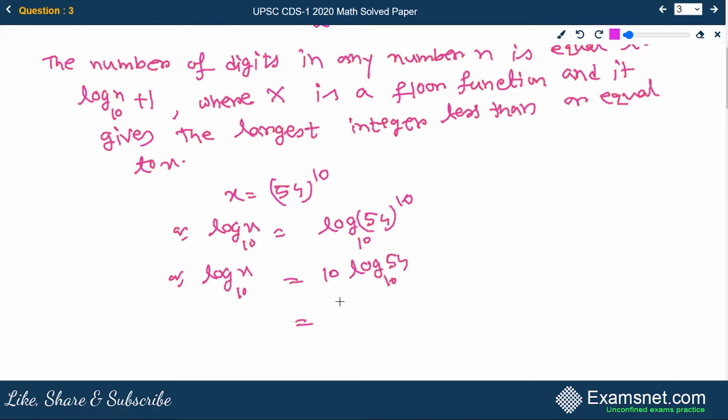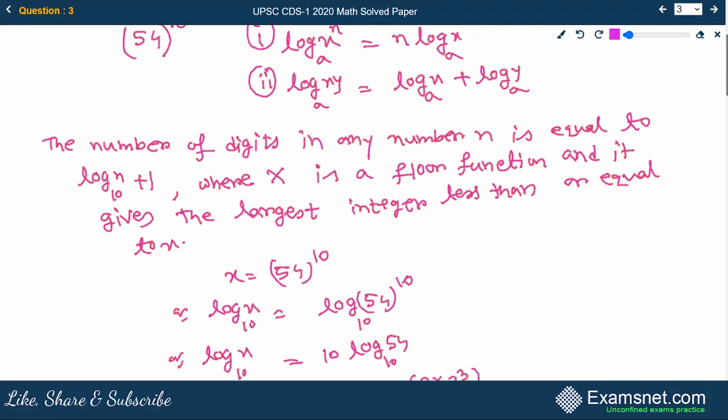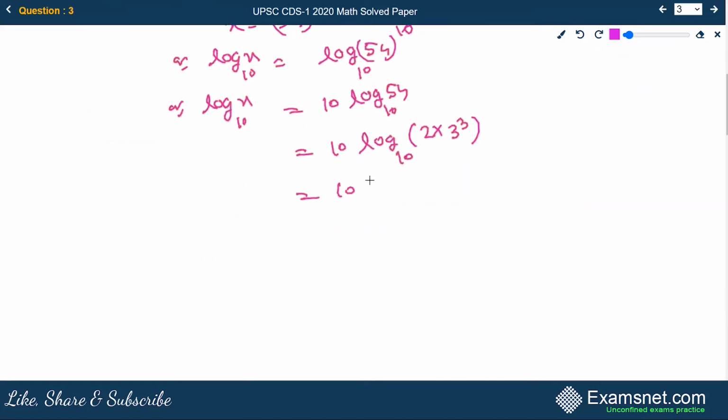Now we find the prime factors of 54, which is 2 multiplied by 3 to the power 3. So using the second and the first rule, we can write log 2 to the base 10 plus 3 log 3 to the base 10.